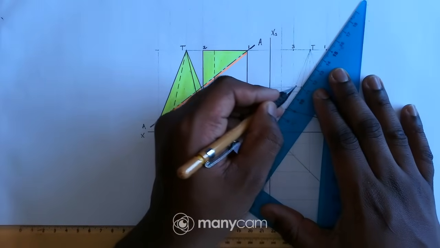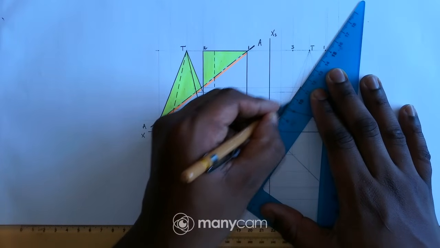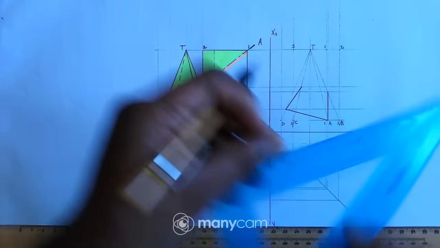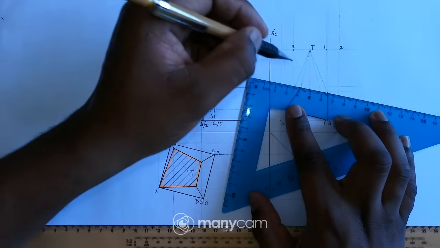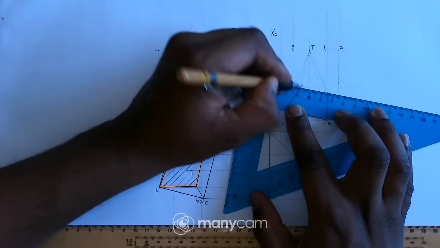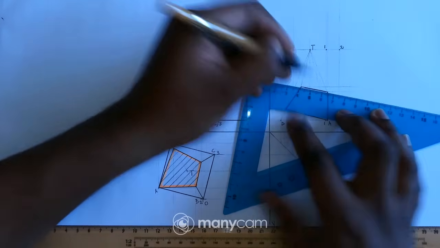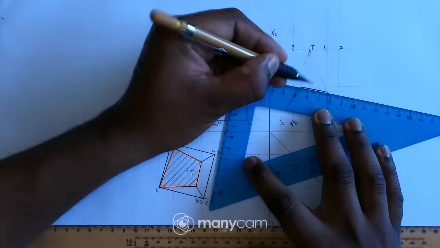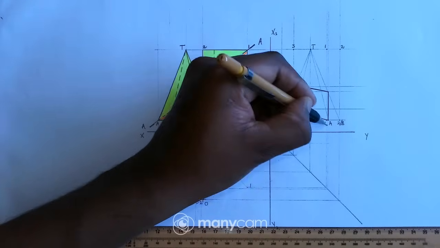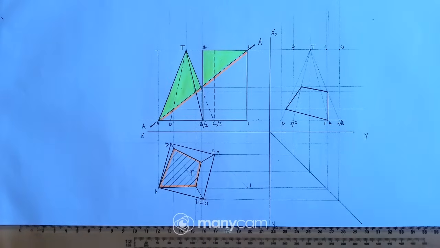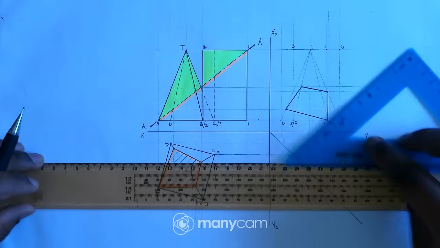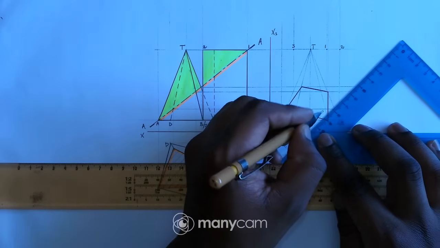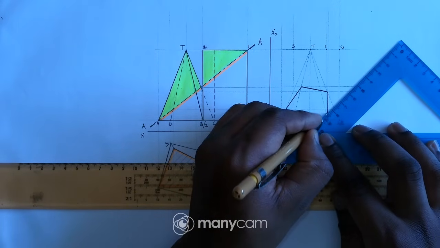So all the points will go to that point up there. So obviously I must have 4 sides of the cut surface. As you can see there, I have 4 sides. So it's 1, 2, 3, 4, right? So I can just hatch that cut surface there.